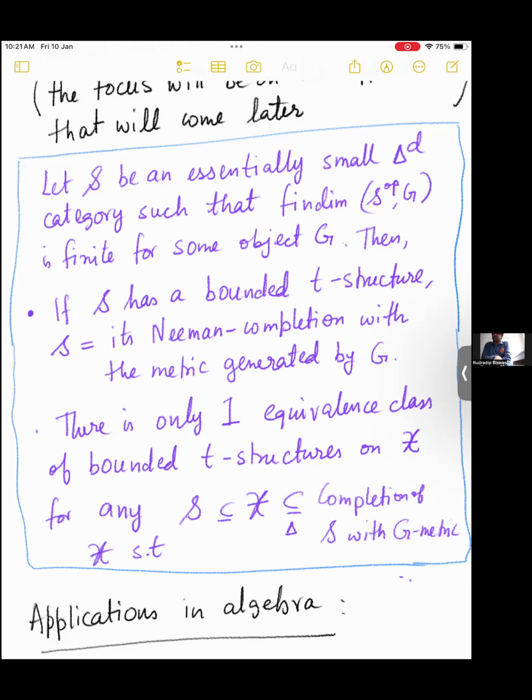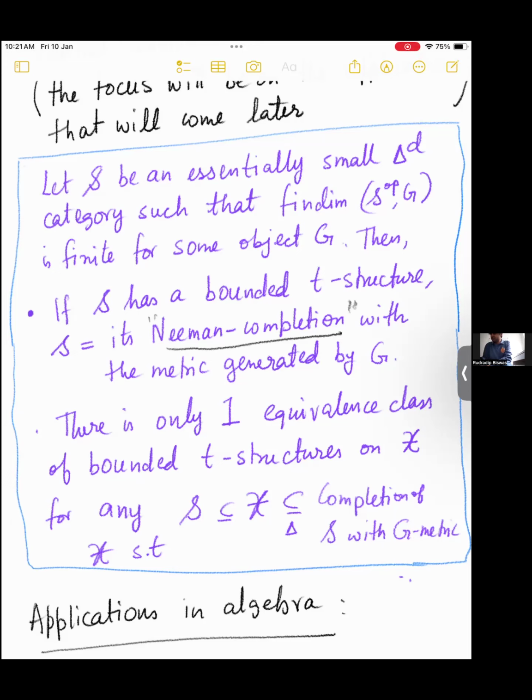So this result, as you can see on the screen, is a general result about abstractions to bounded T-structures on essentially small triangulated categories. And you can see probably also this term, Neeman completion, which is quite a non-trivial construction that I will not have any time whatsoever to explain today, which is fine.